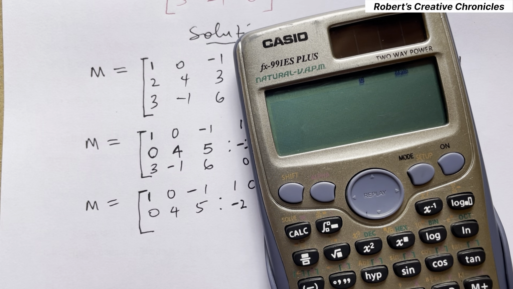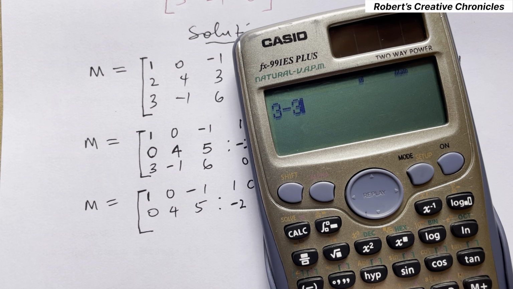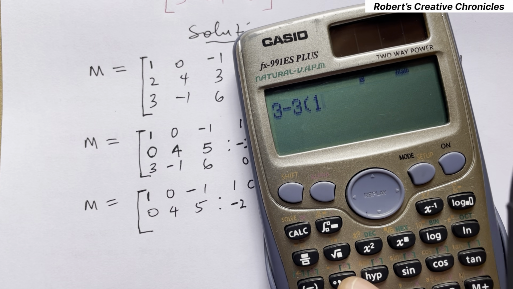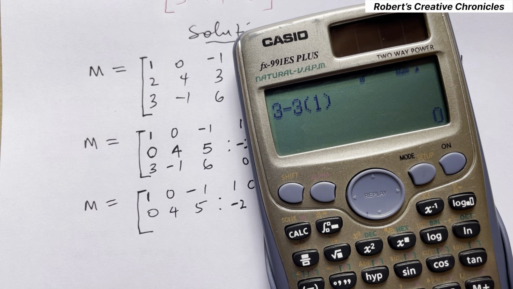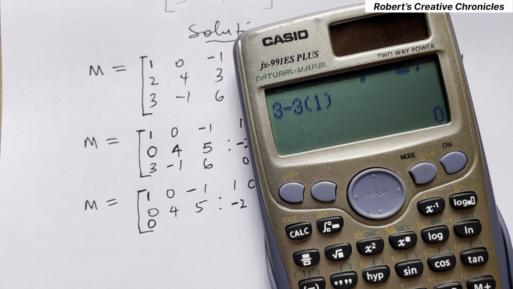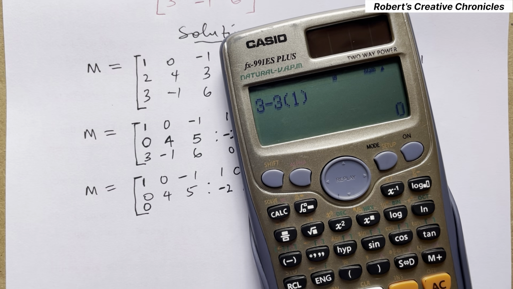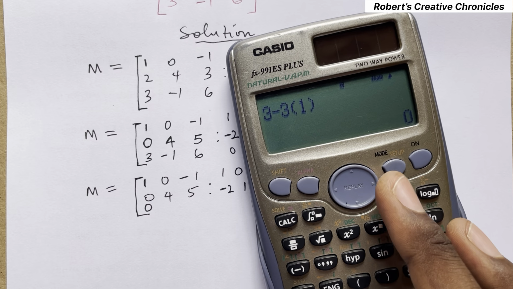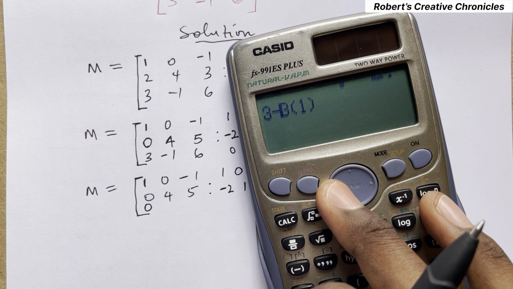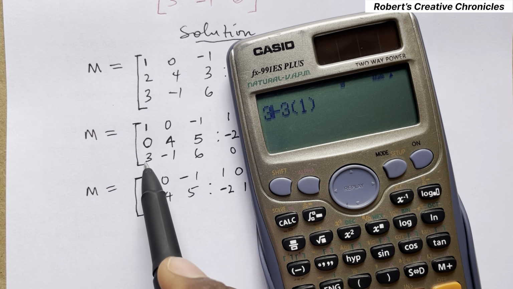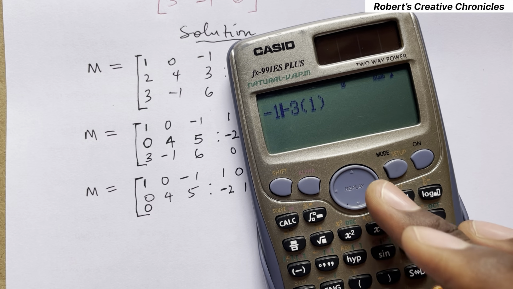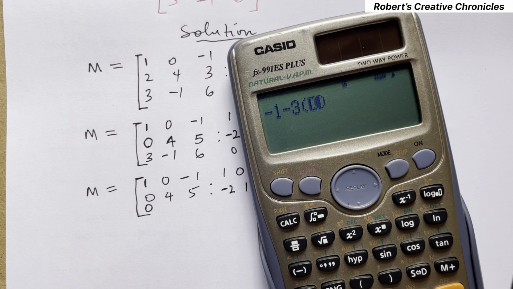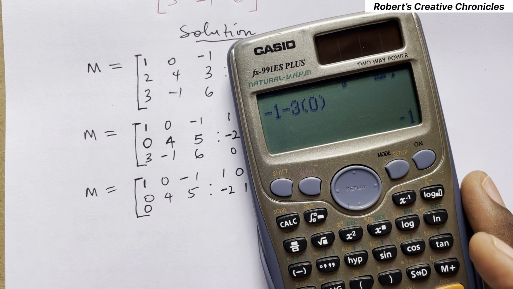So row 3 is 3 minus 3 times what? Row 1 here is 1. So it's 0. 0, 0, then row 3 now, instead of 3, is negative 1. So we write negative 1 minus 3 times 0 here, which is minus 1.